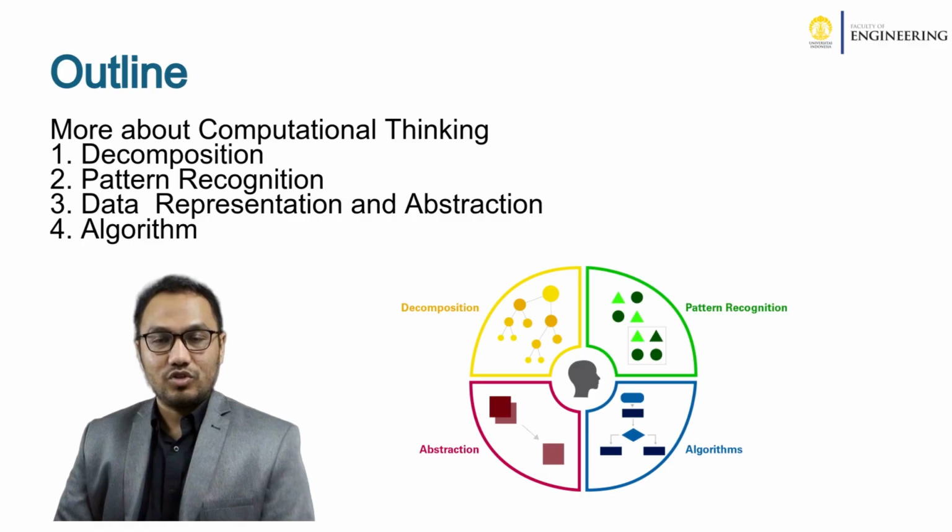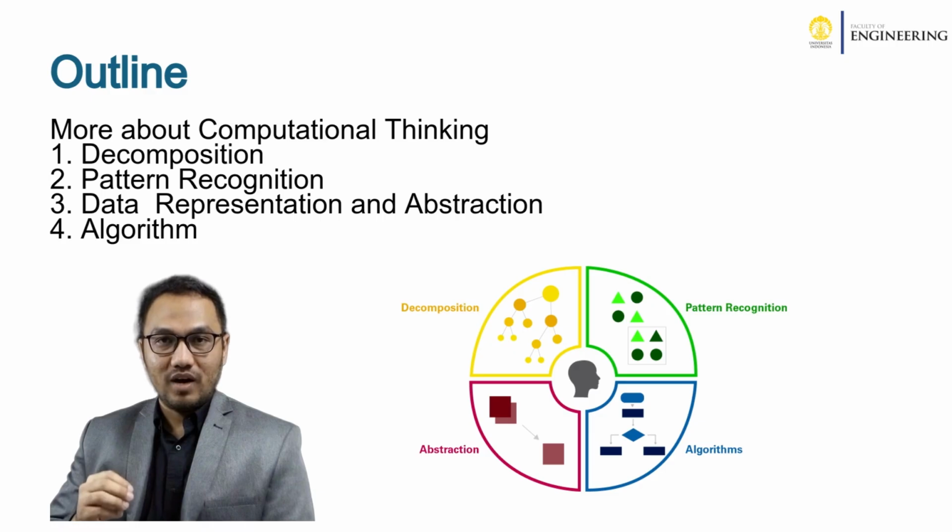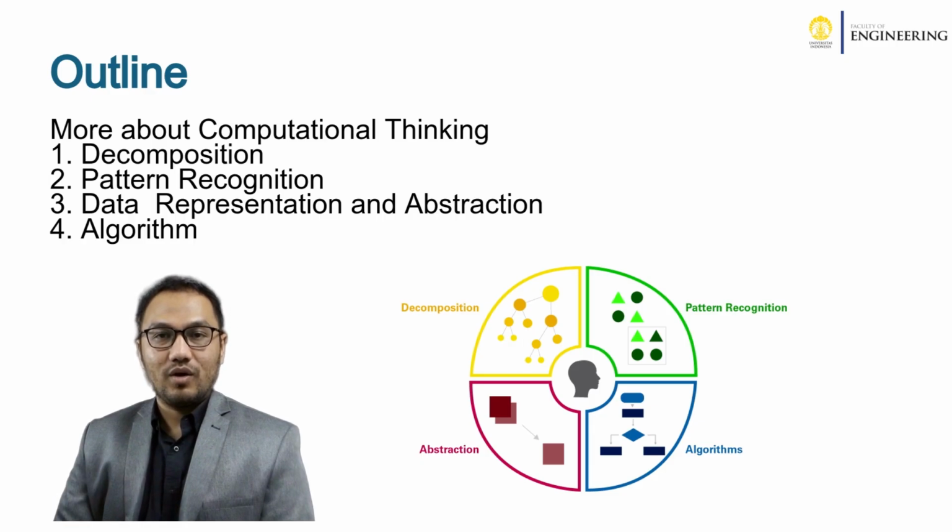Here is the outline for this short session. First, I will briefly revisit what we mean by computational thinking and why it is useful beyond computer science or programming. After that, we will look at each of the four pillars: decomposition, how we break a big problem into smaller parts; pattern recognition, how we notice similarities and trends; data representation and abstraction, how we decide what information really matters; and finally, algorithms, how we design clear, step-by-step solutions that a computer could follow.